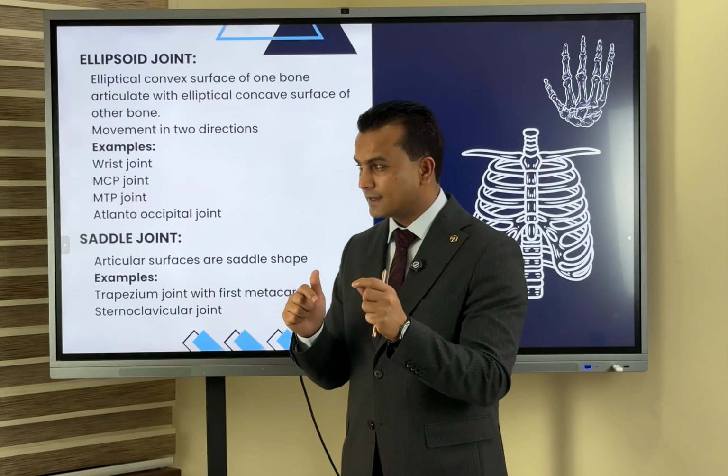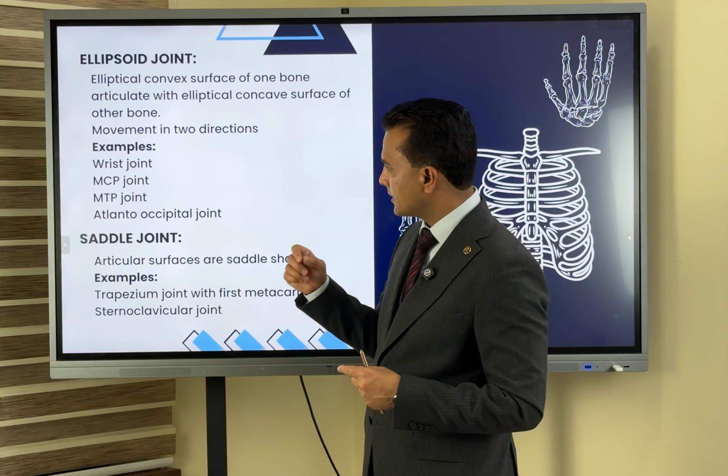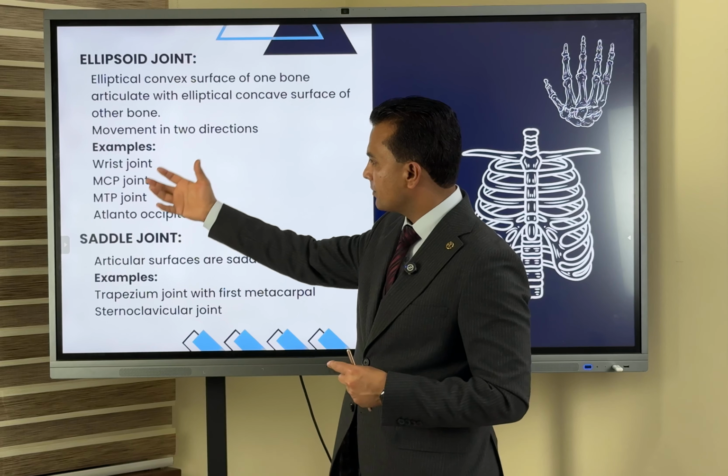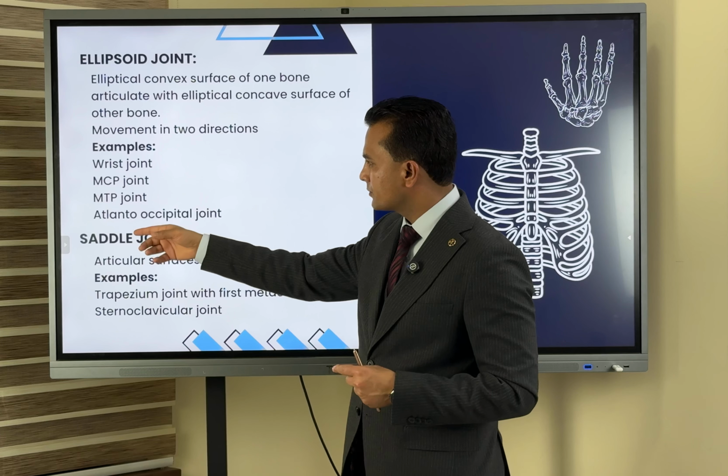Then we have the metacarpophalangeal joint, the MCP joint. You should understand that the MCP joint is clinically very important because it is commonly involved in rheumatoid arthritis. Then we have the metatarsophalangeal joint and the atlanto-occipital joint, also examples of ellipsoid joints.